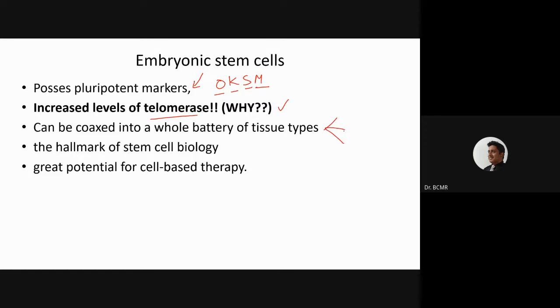So, is it better to use embryonic stem cells or adult stem cells? That's the question here, right? If I want to save some of my cells for the future, it would have been nicer if I was somehow able to save embryonic stem cells.